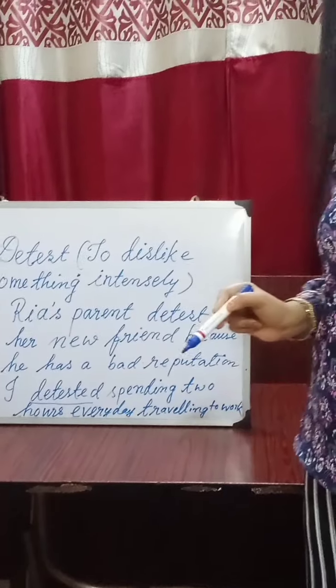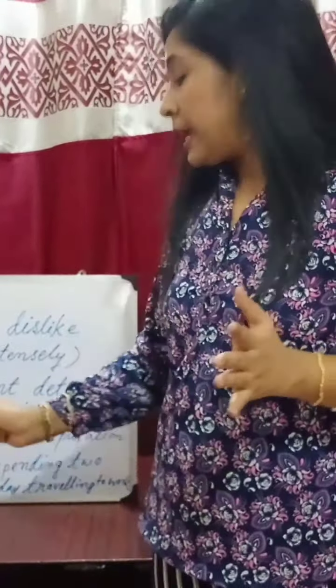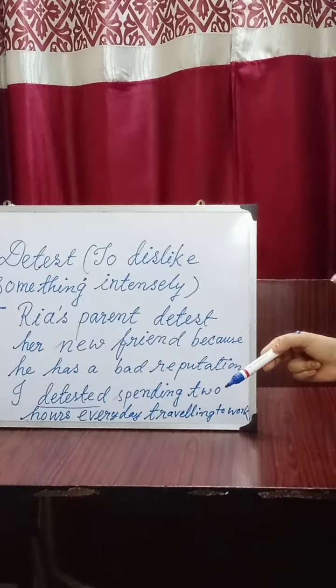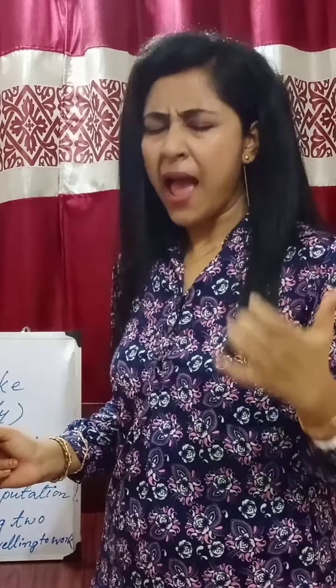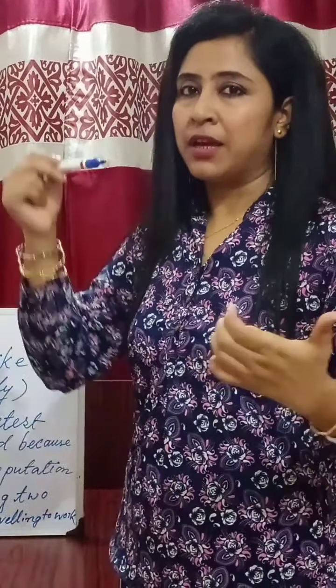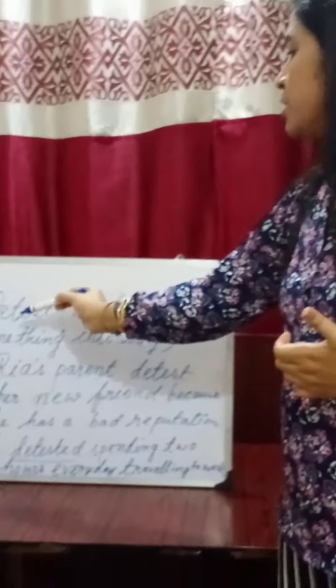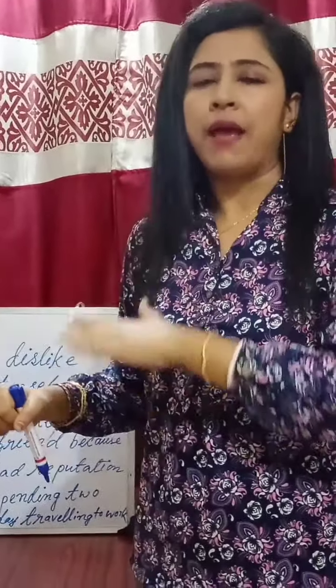Detested means the thing that I didn't like. For example, I detested spending 2 hours every day traveling to work. It means I used to travel for 2 hours to my workplace and I didn't like it. So whenever we have a dislike for anything, we can relate our feelings to the idiom detest, meaning strong disliking for anything or any matter.